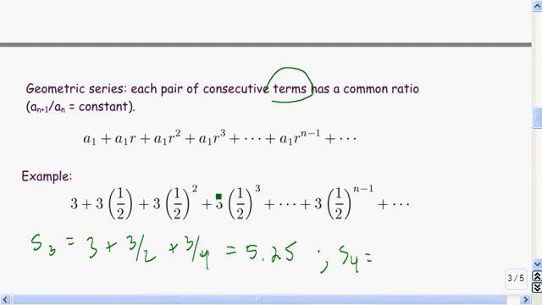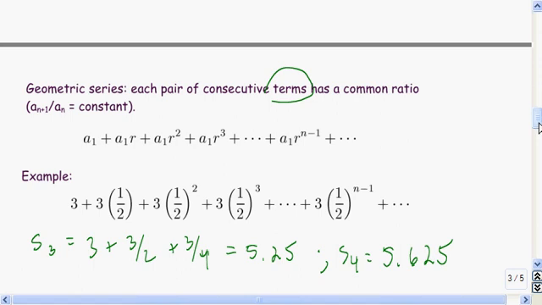Right, to get S sub 4 from S sub 3, that's the way I like to do it instead of starting from scratch. Well, we had the first 3 terms, now we want the first 4 terms. So we just add that 4th term to the 5.25, and if you do that, you're going to get 5.625. Okay, so nothing really mind-blowing there after our most recent discussion.